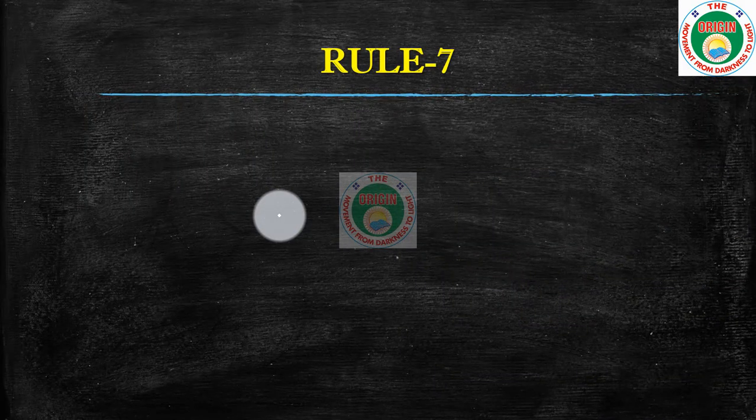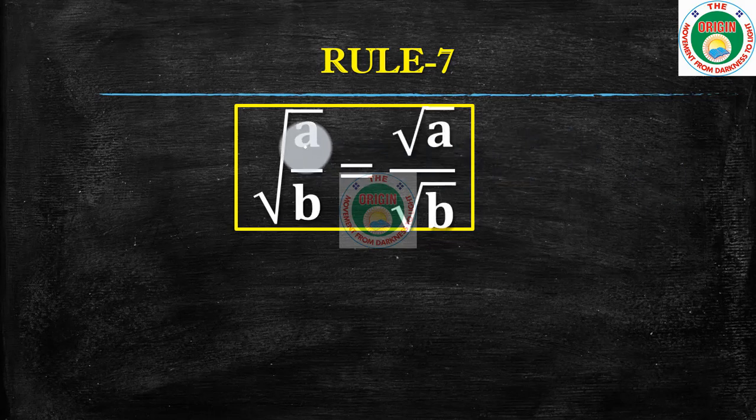Next one, rule 7. Square root of a by b. This is also a square root, but these two numbers are under division. So you can divide the square root for the numerator and denominator as well. That is root a by root b.